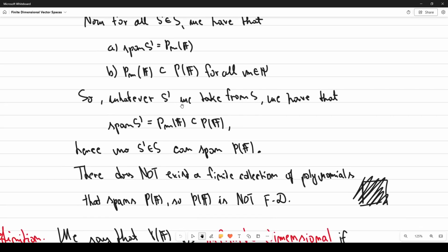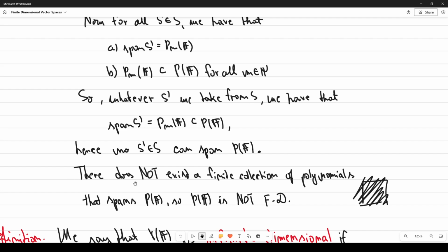So whatever S' we take from S, the span of S' is equal to the whole set of polynomials of degree m, and that is a proper subset of the whole space of all polynomials. So no matter what S' I choose from S, it can never span the whole space of polynomials.